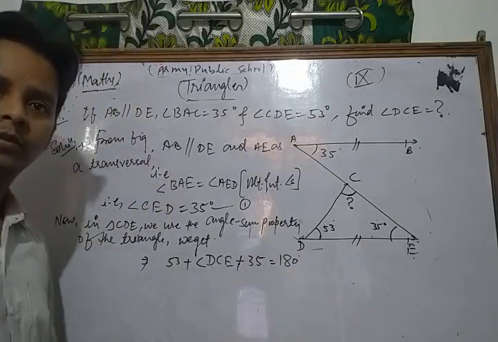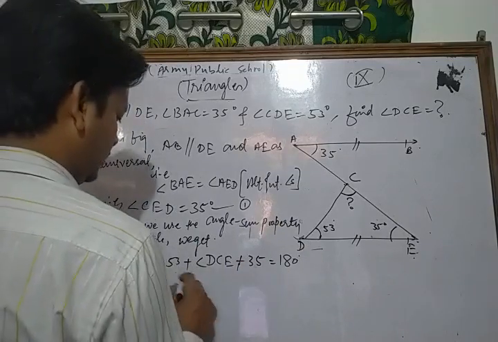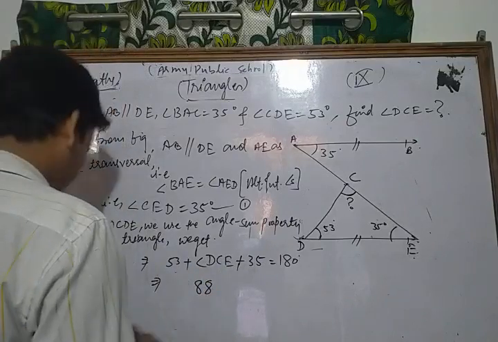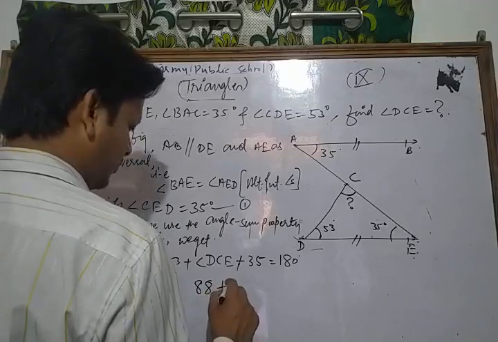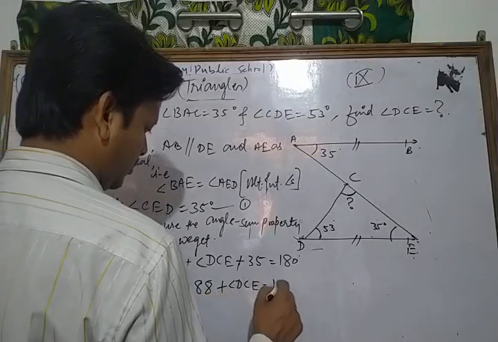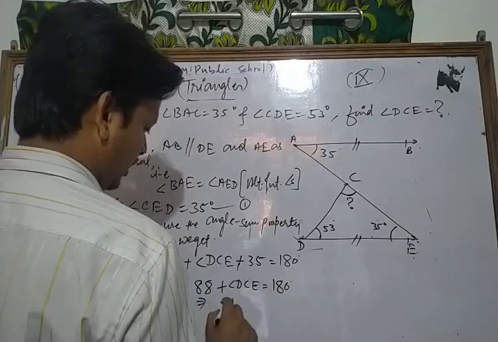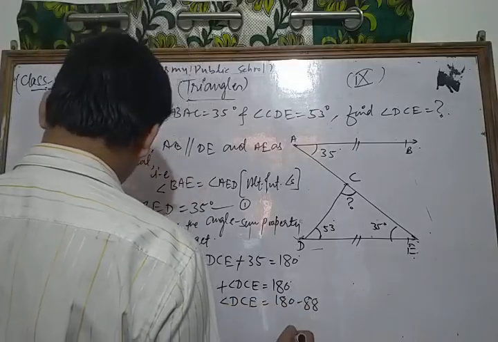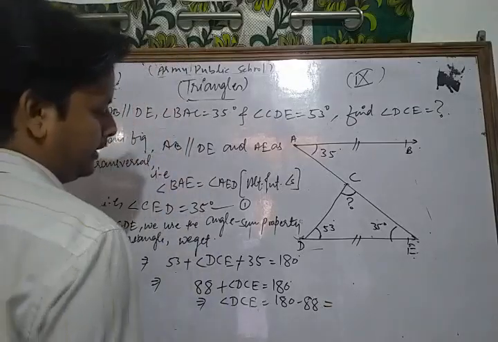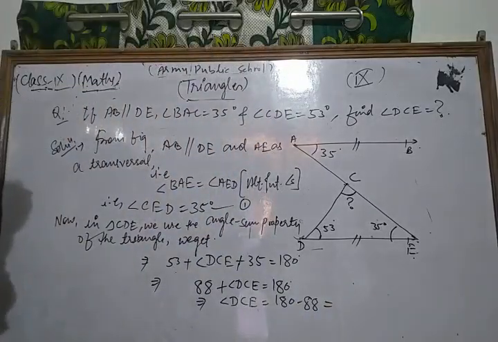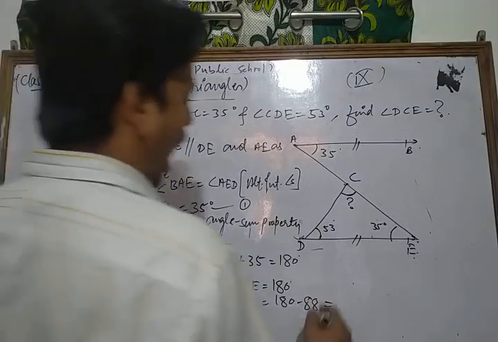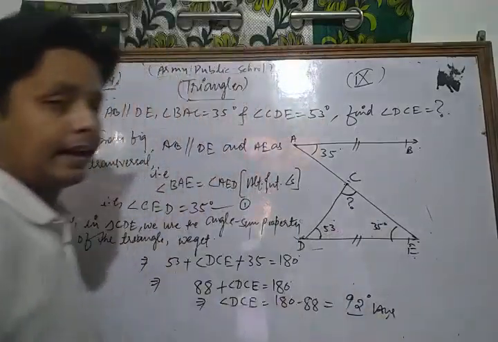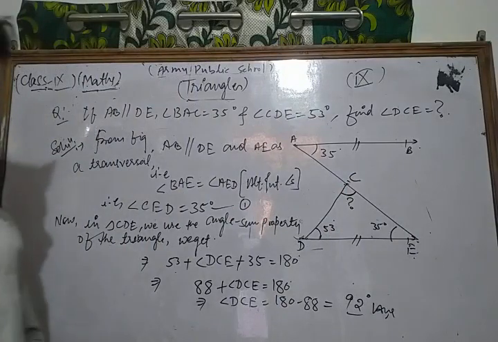So 88 plus angle DCE is equal to 180, so angle DCE is equal to 180 minus 88, which is 92 degrees. So angle DCE is equal to 92 degrees.